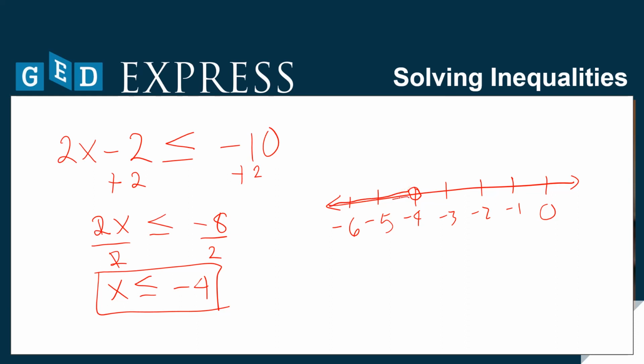So this side, these are the solution. However, x is also equal to minus 4, so in this case we need to shade the small circle at minus 4, which means minus 4 is included in the solution to the inequality. Okay, let's try some more examples.